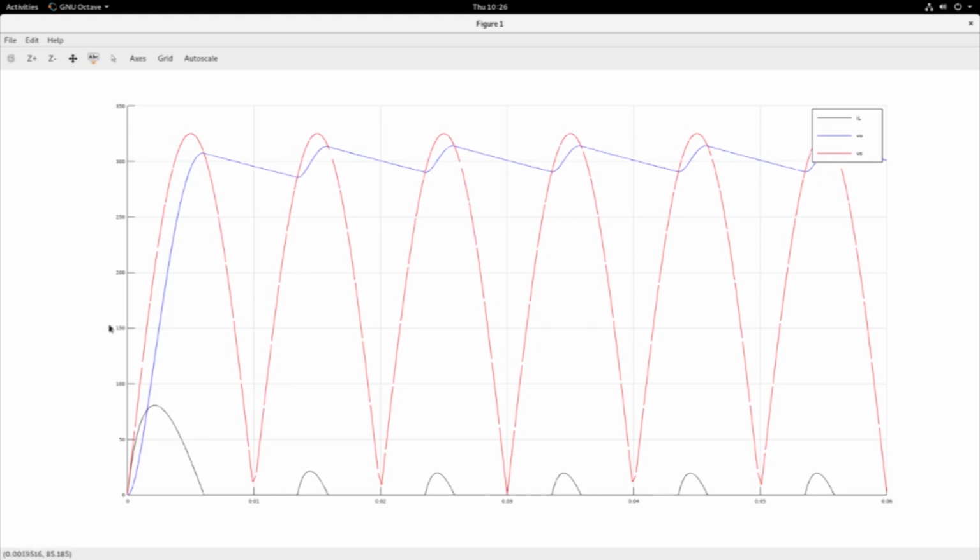The red waveform is the rectified input sine, and the blue waveform is V0, the voltage across the capacitance. So these are as expected. The first current has a larger peak compared to the others because in the first cycle the capacitor is not charged, and therefore a larger current flows to fill up the charge.